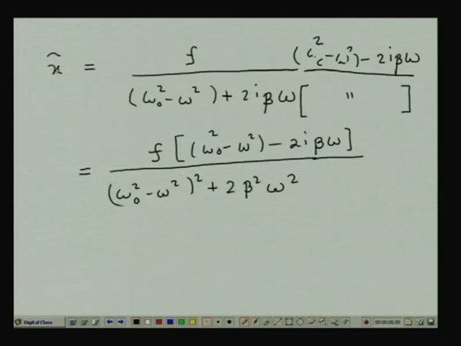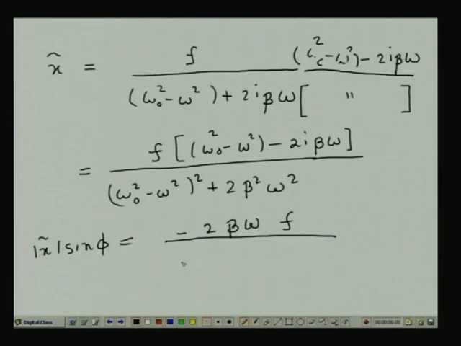So, if I identify the imaginary part of this with mod of x tilde sin phi, then what we can say is that this is equal to minus 2 beta omega into f divided by omega naught square minus omega square, the whole square of this, plus, sorry, this should be 4 not 2, 4 plus 4 beta square omega square.